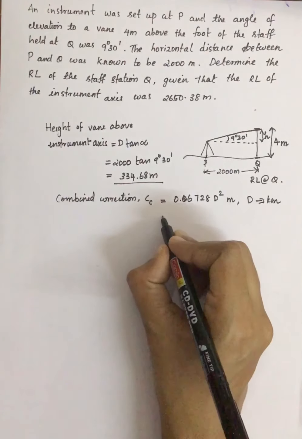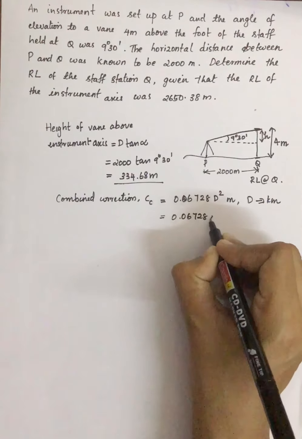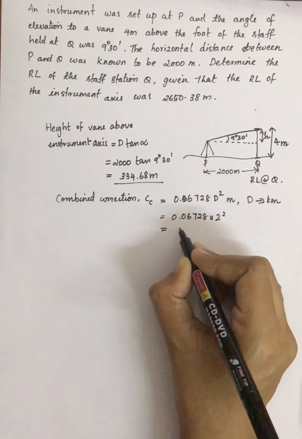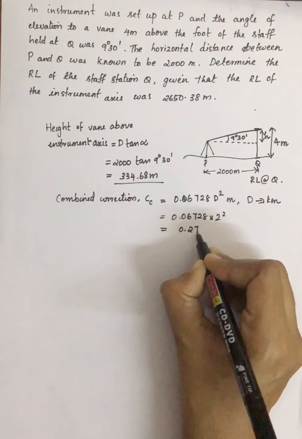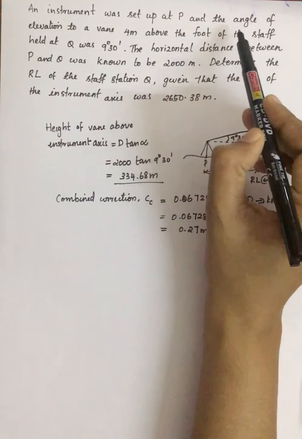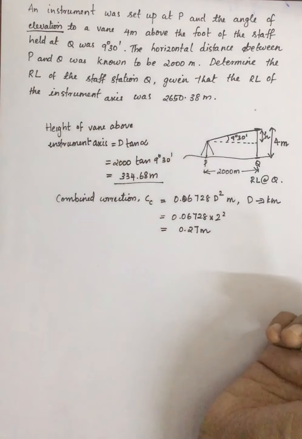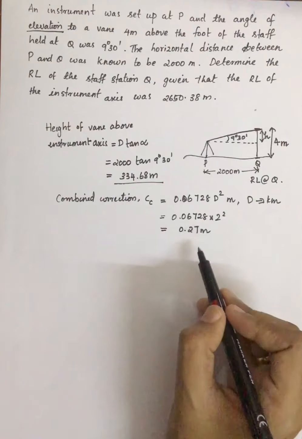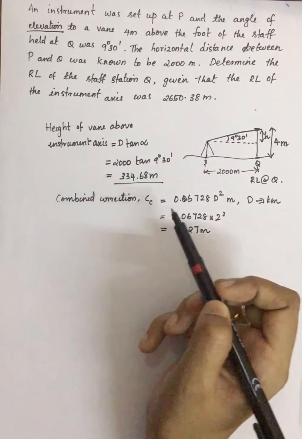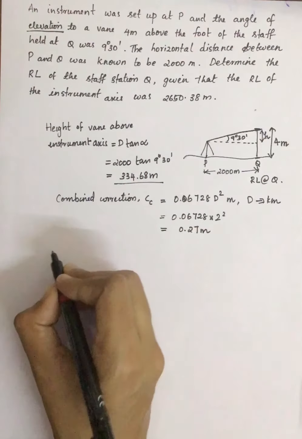So substitute the values. 0.06728 into 2 square, you will get the combined correction as 0.27 meters. Since in the question it is given angle of elevation, you can add this value with the height of the vane to get the corrected height of vane above instrument axis.